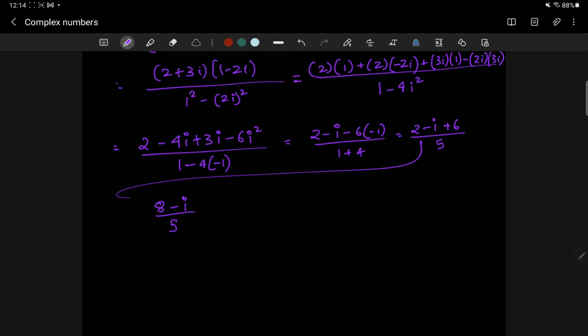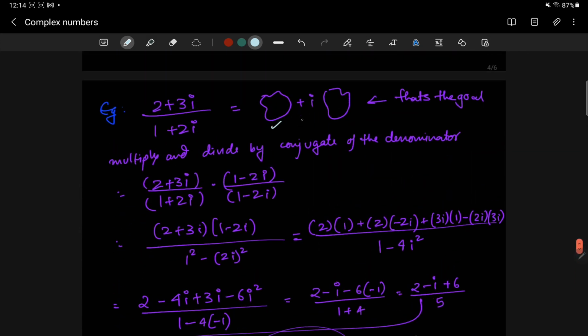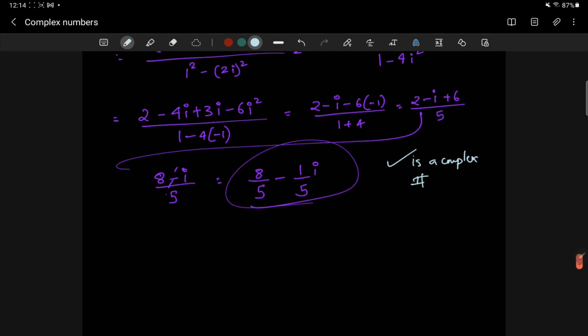And now I can use a fraction property that I can split this. And I can write this as 8 over 5 minus 1 over 5 i. And now this is a complex number. Why? Because it's in this form. It's something plus i times some other thing.